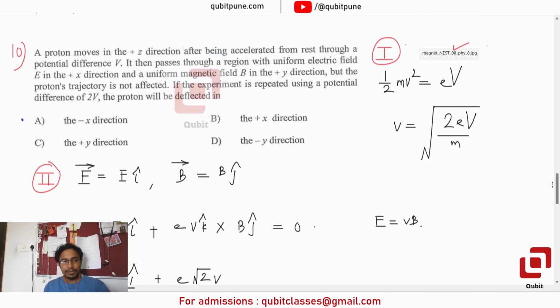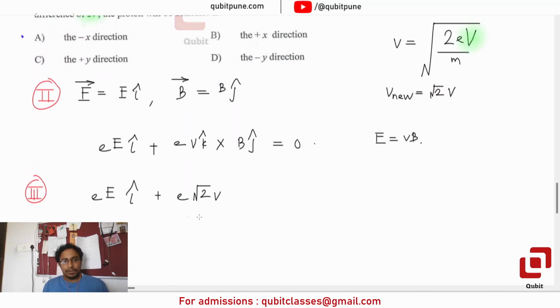Because V is getting replaced by 2V. So the new speed before it enters the region will be root 2 times v. Do you agree? Initially V, finally 2V. Yes, okay.